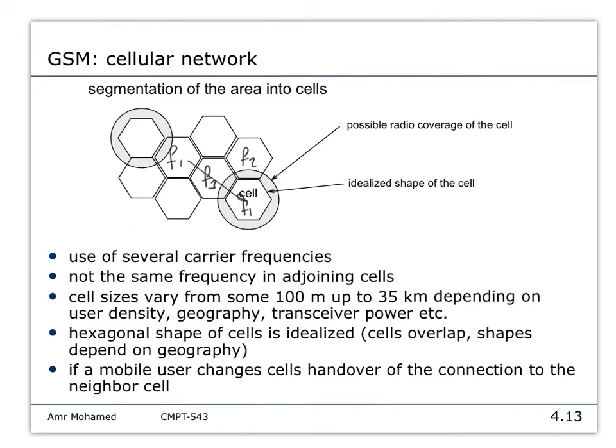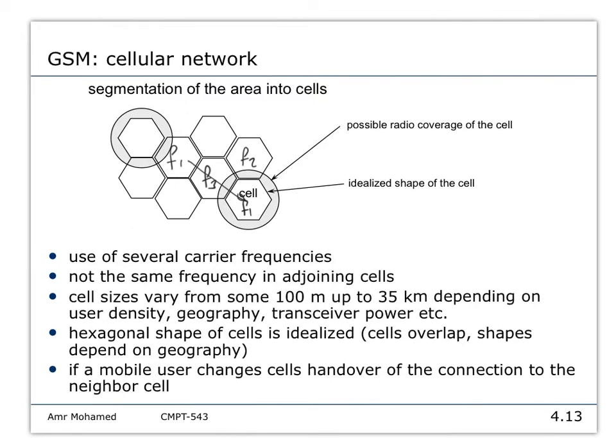So you can reuse these frequencies. When I say F1 and F2, this can be multiple channels, and as we will see later, GSM uses 124 channels, and these channels can be divided, and usually it's divided in an order of 10 channels per cell.